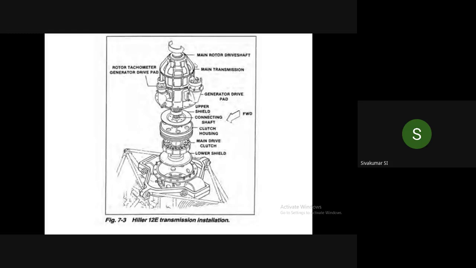These also get their drive from the transmission system.